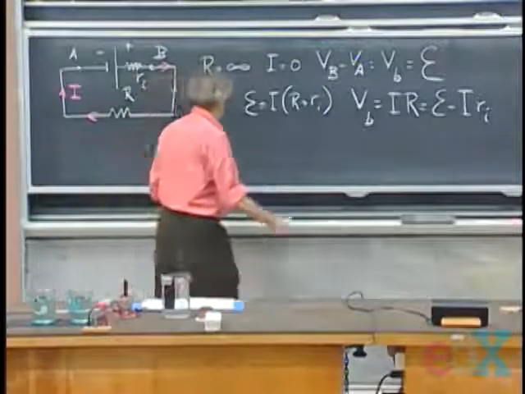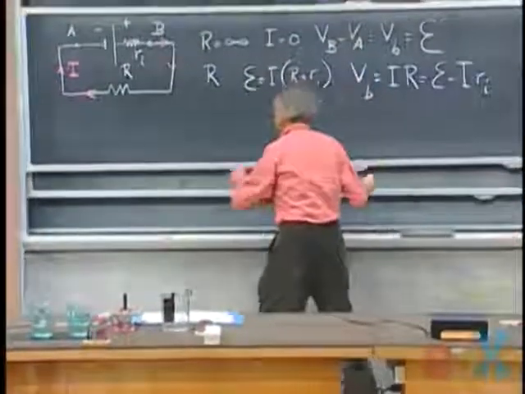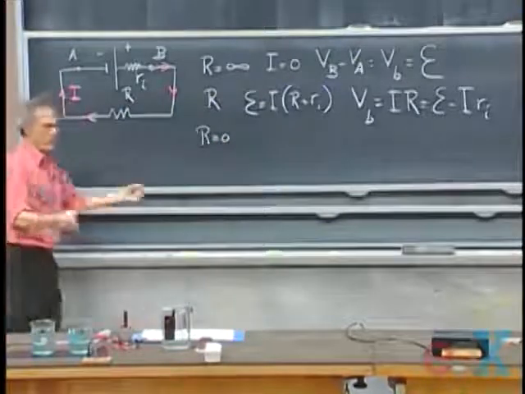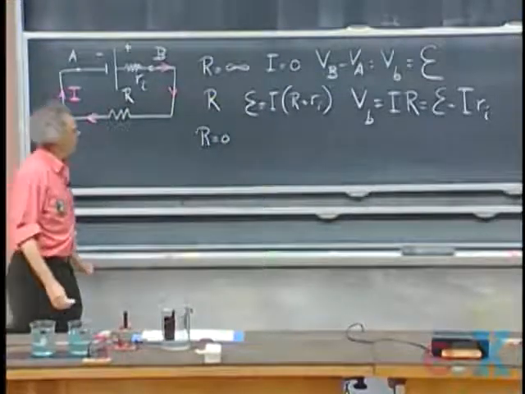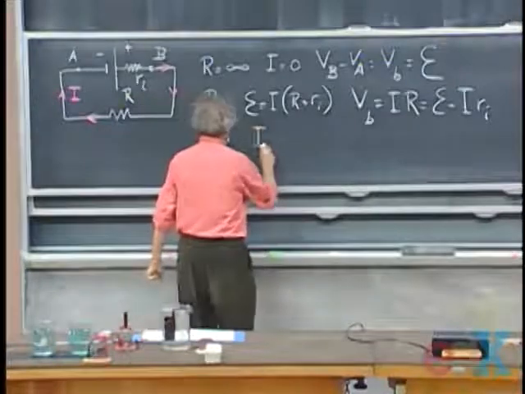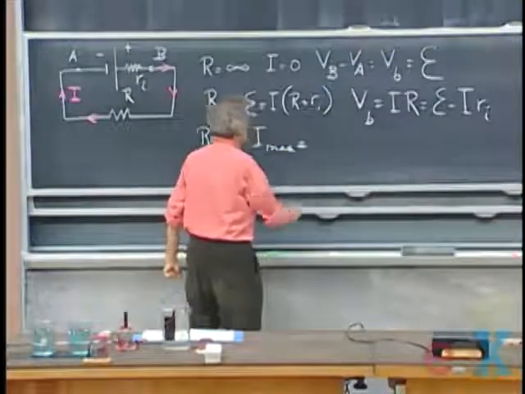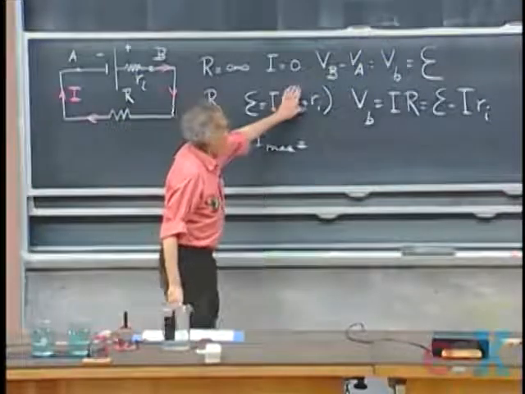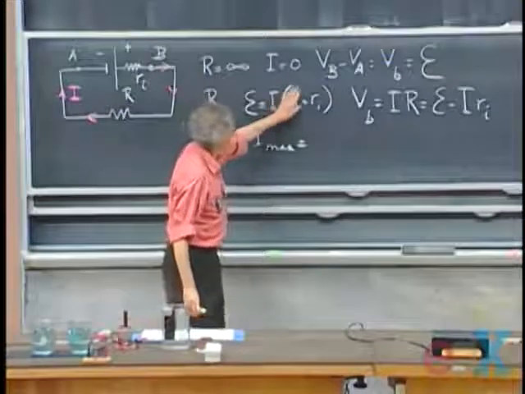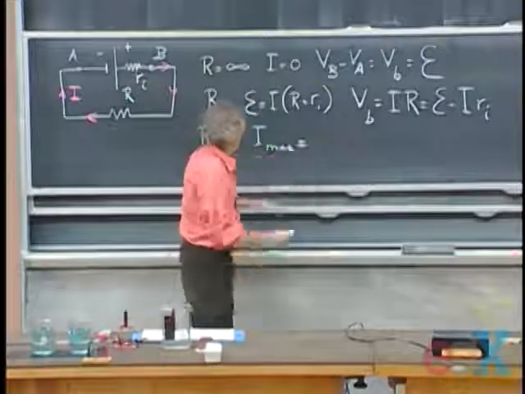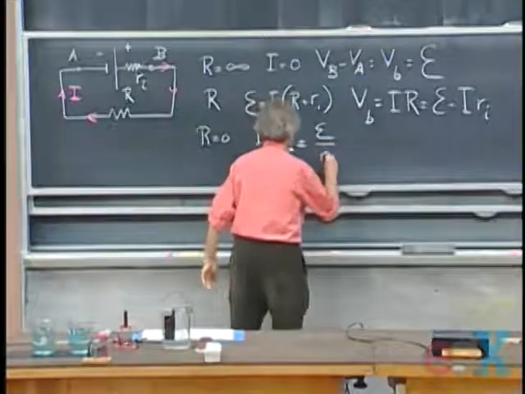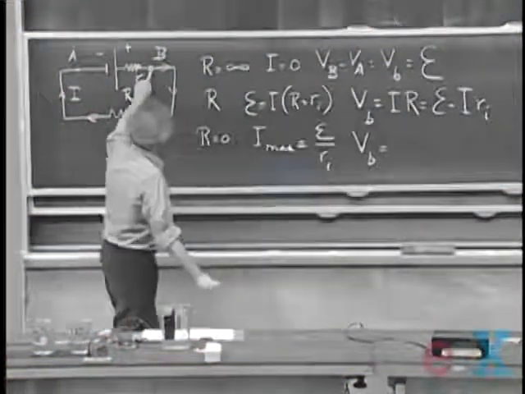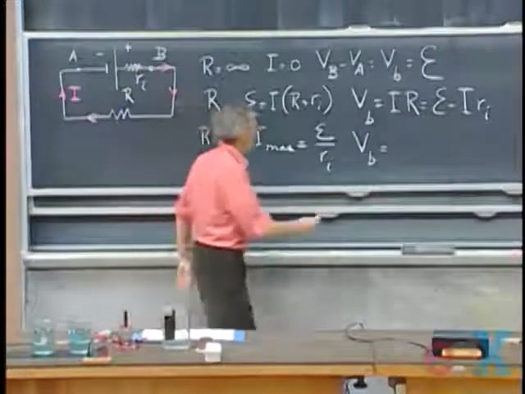If I shorted out this battery, stupid thing to do, but if I make R equals 0, so I take the battery and I just short it out, then the maximum current that I can draw, so R is now 0, you can see that the maximum I that you can get is E divided by R of I. And V of B, the voltage that you would measure now between point B and A, goes to 0.